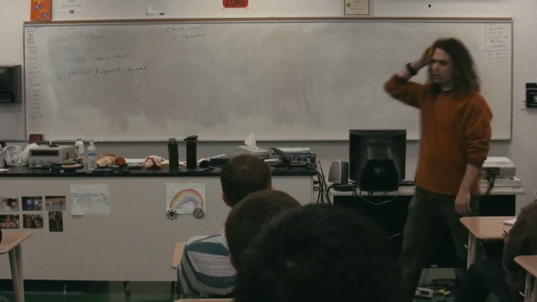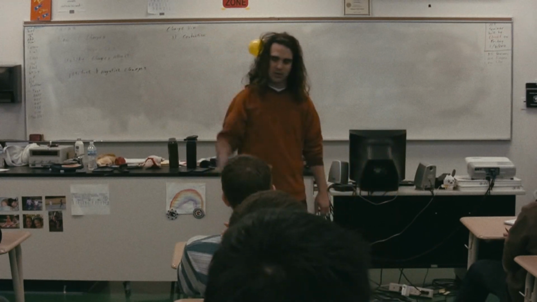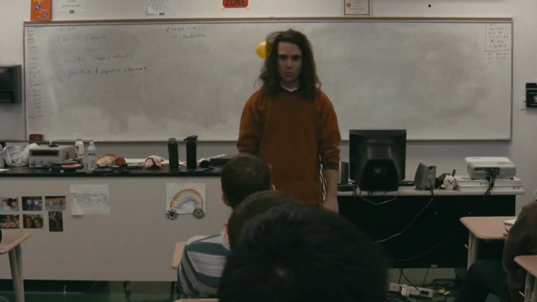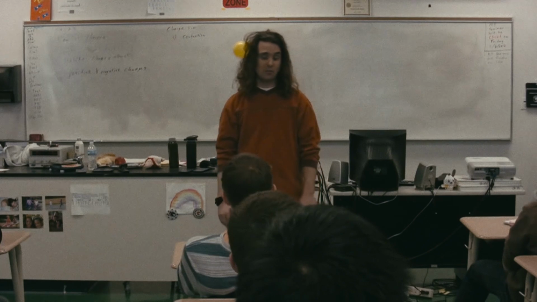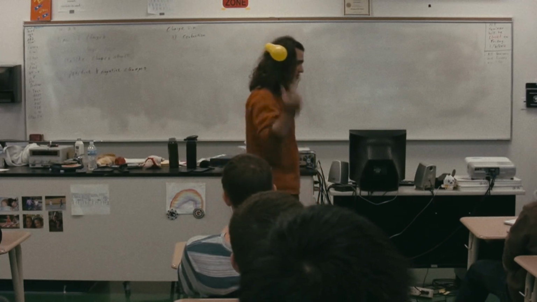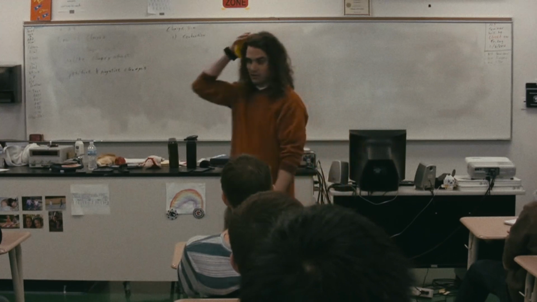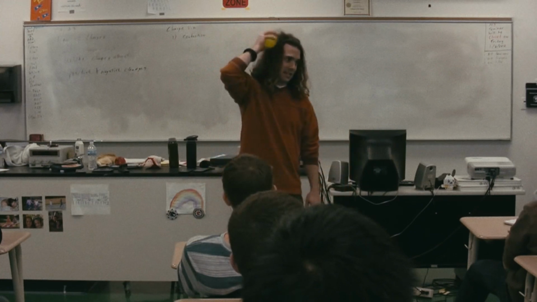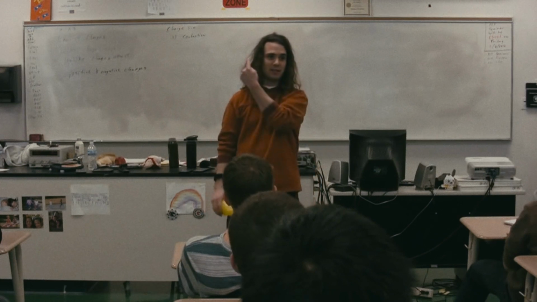We get negative charges from my hair going to the balloon, and the balloon is negatively charged. So why does the balloon stick to my hair? Because your hair is positively charged. My hair now has a net positive charge and the balloon has a net negative charge, so they attract one another. If I do this correctly, when I take the balloon away, part of my hair should be sticking up.